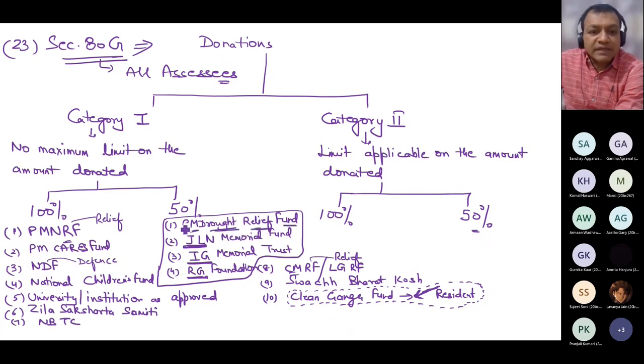For these four, the deduction is 50% of the amount donated. Then in category 2, in 100%, I will tell you only two which you should learn.